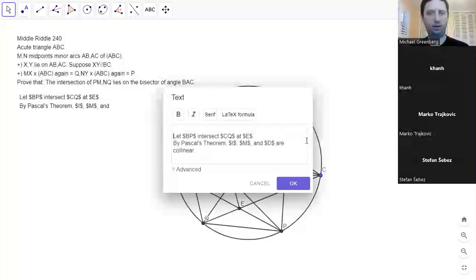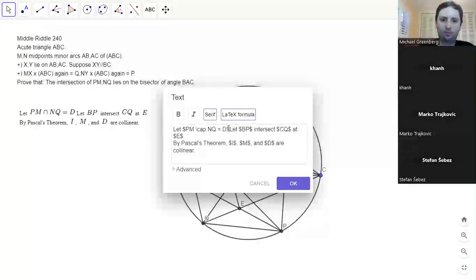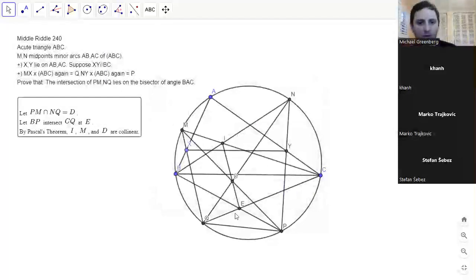Say, let PM meet NQ at D. Okay. And then now we'll apply Trig Ceva. So we want to show sine EP.